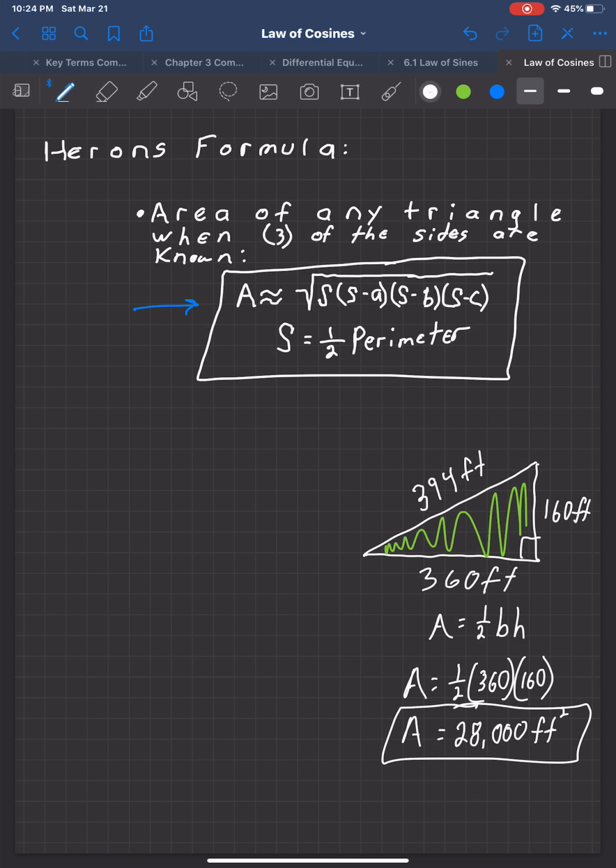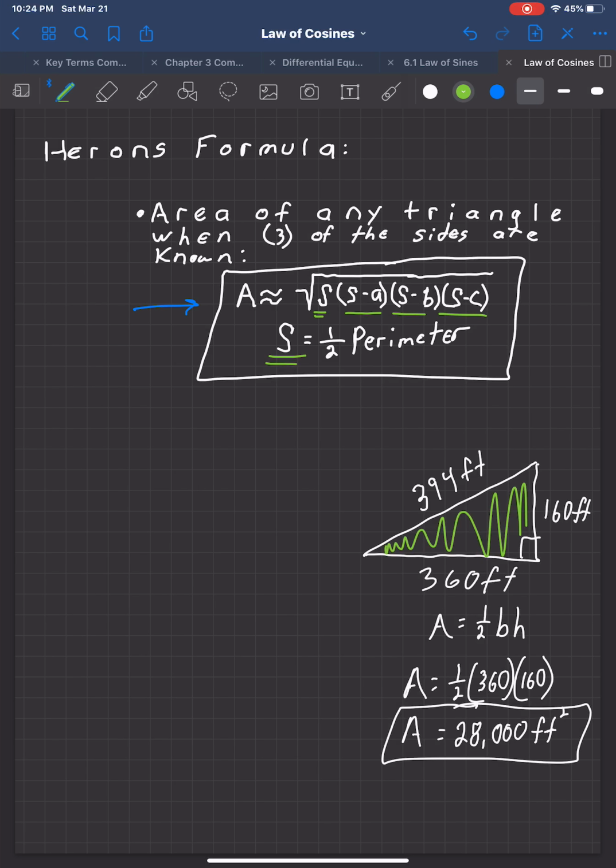So how does this formula work? Well, notice that this is S times S minus A times S minus B times S minus C, right? So it's the square root of that. But what is S? S is half the perimeter, right?